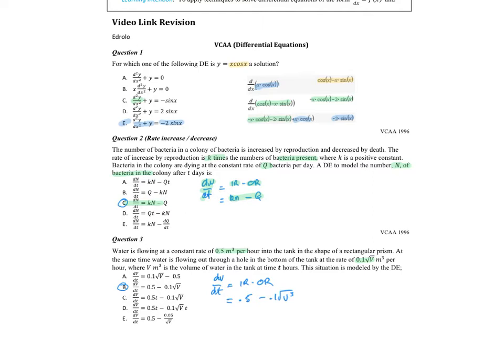It's not like we've got a solution in there we're worried about, it's just water coming in, water coming out. What's the rate of change of the volume? The input rate minus the output rate: going in, up by 0.5 meters cubed, decreasing by 0.1√V per hour. So the difference is going to be my rate of change, which gives me option B.